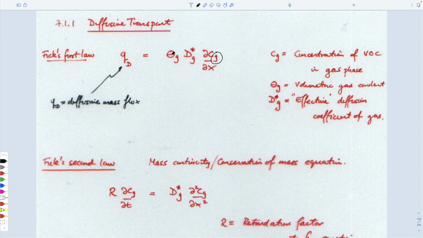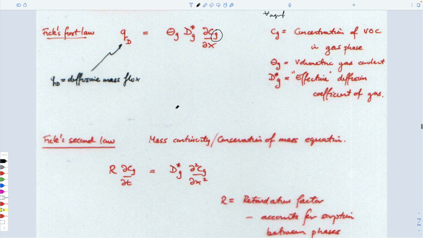So theta G is the volumetric gaseous concentration. So it's a function of the total, so I guess phi G is equal to the volume of gas divided by the volume of the aquifer. These are volumes, so we know that. Because it only travels within the gaseous portion of the component.